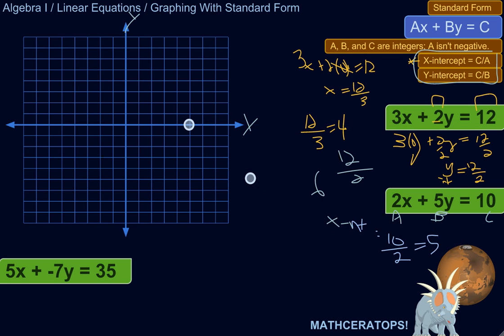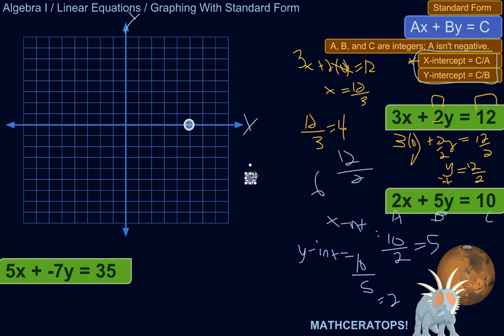Now the y-intercept is equal to c over b, which is c is 10 and b is 5. So 10 over 5 is equal to 2.